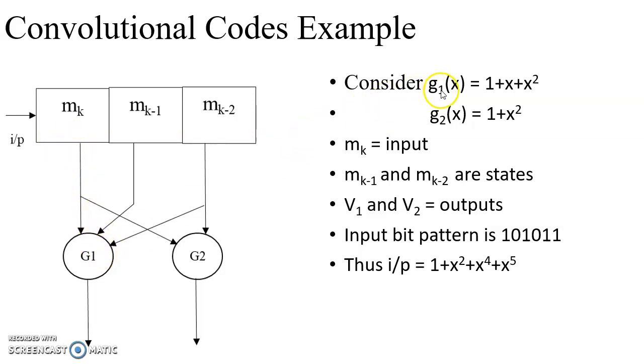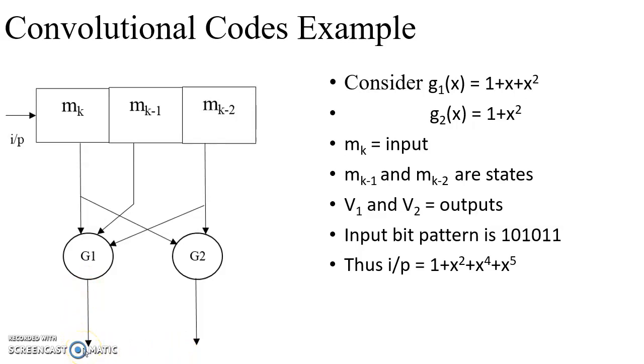Here it is given that g1 of x is equal to 1 plus x square. So from this we can write down g1 as 1 plus x square. And g2 of x is 1 plus x square, so it is MK added with MK-2. The output is v1 and v2.